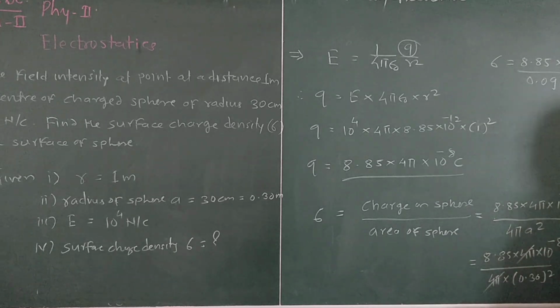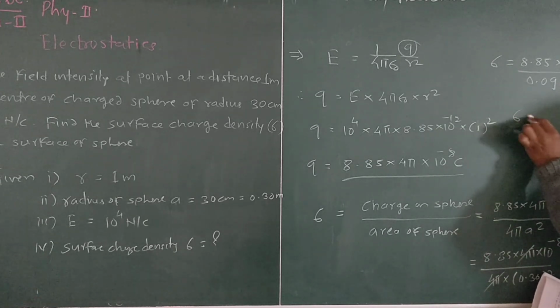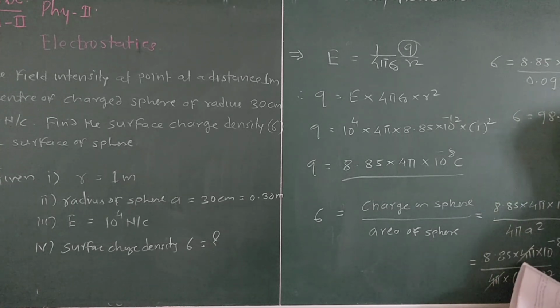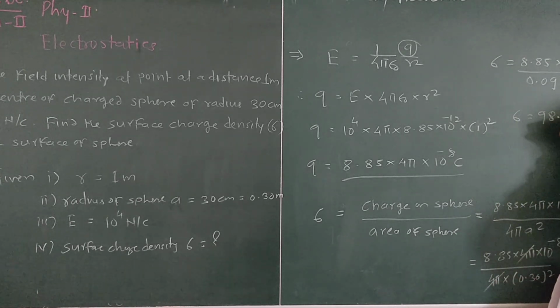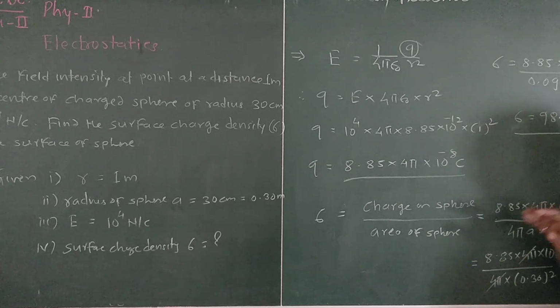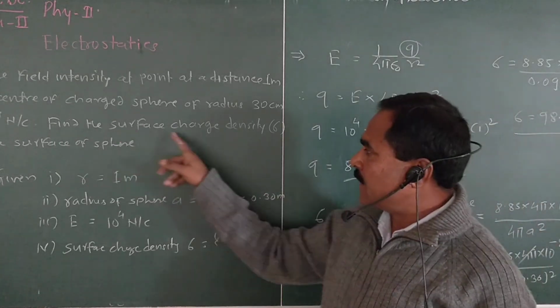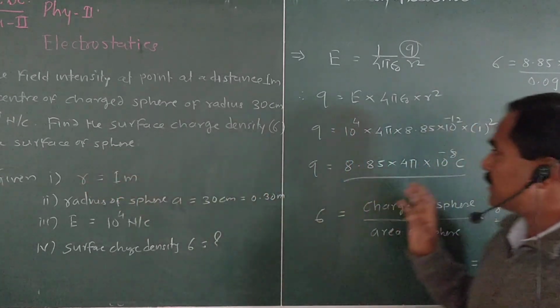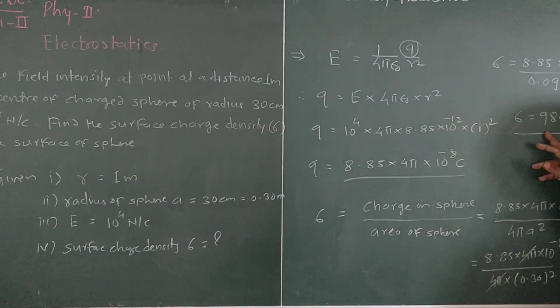So the final answer is sigma equal to 98.33 coulomb per meter square. This is the surface charge density on the surface of the sphere.